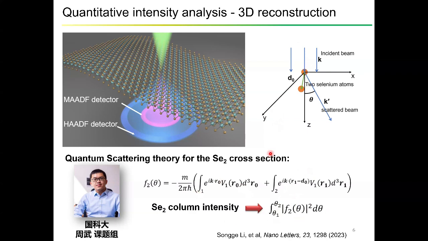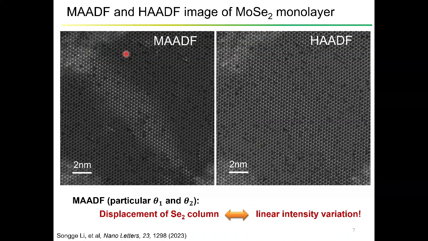Guided by the theory, we use the MAADF and HAADF, that is a medium angle annular dark field, and HAADF, I mean, the high angle. So we change the inner angle of the detector, and we clearly see this effect. We can see that in the middle side here, the selenium columns are very bright. And at the two sides, it becomes darker.